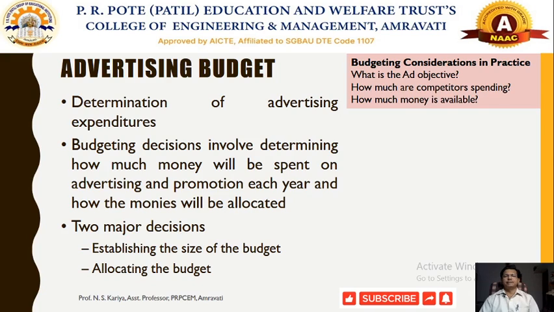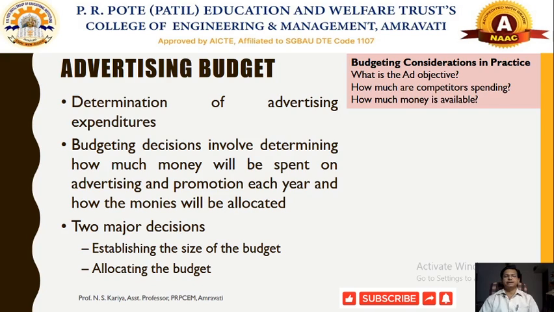So there is what is called a budgeting decision. That budgeting decision is one of the very important decisions, primarily to place different advertisements into different forms of medium and allocate the budget appropriately by using effective media planning and scheduling of activities.